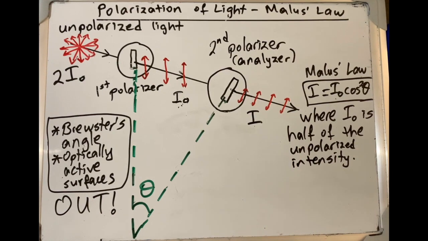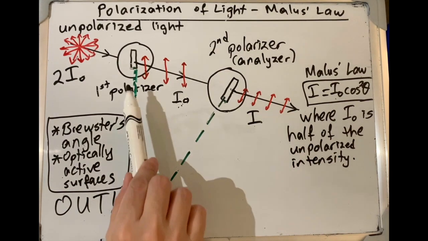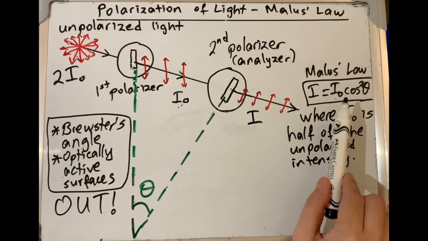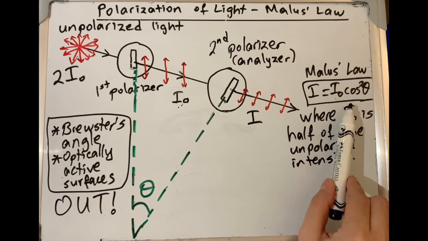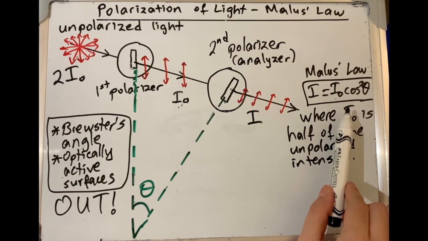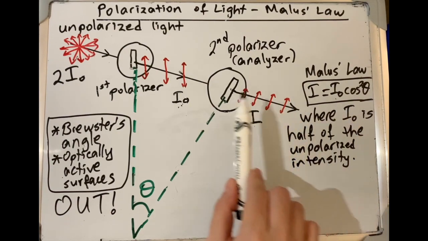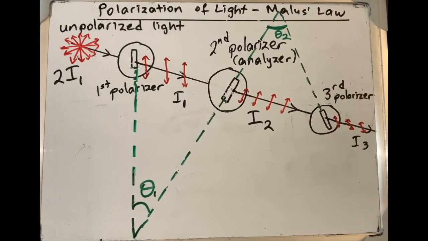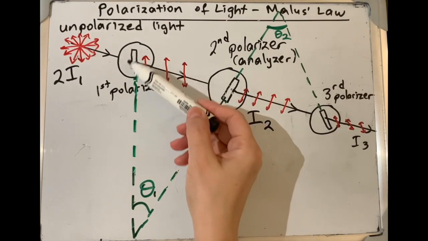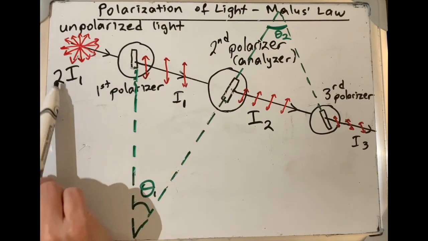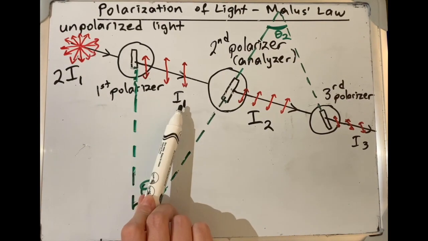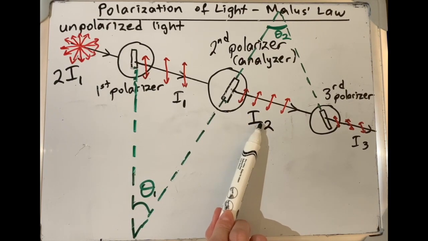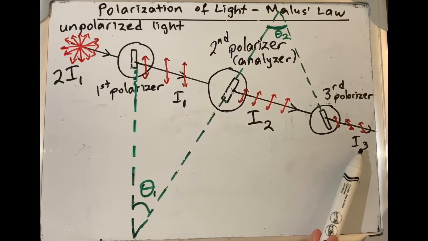So that brings me to my final reminder. If there is another polarizer here, then the mathematical relationship of intensities always works for the pairs of polarizers. So I've modified this diagram to show you what that looks like. Let's say this is the first polarizer, 2I1 original intensity reducing to I1 after the first polarizer, I2 after the second polarizer, and I3 after the third polarizer.